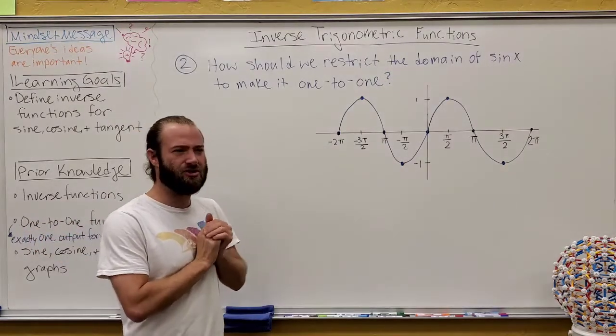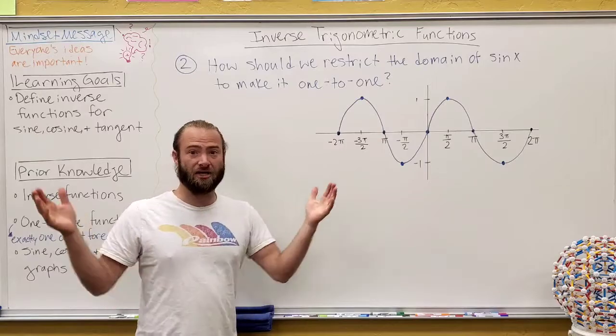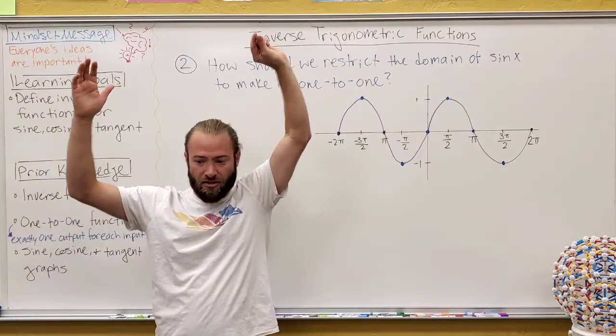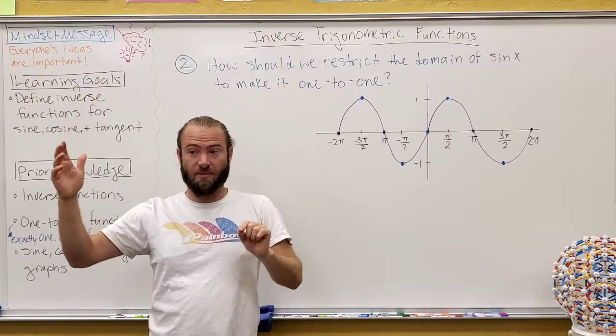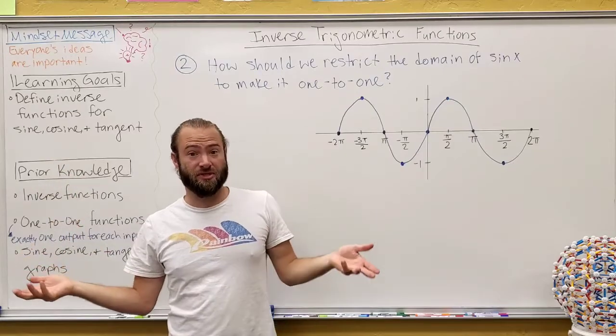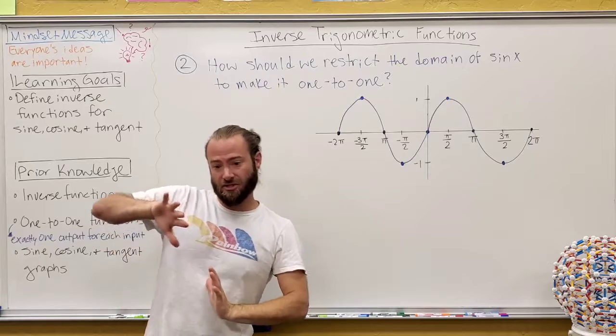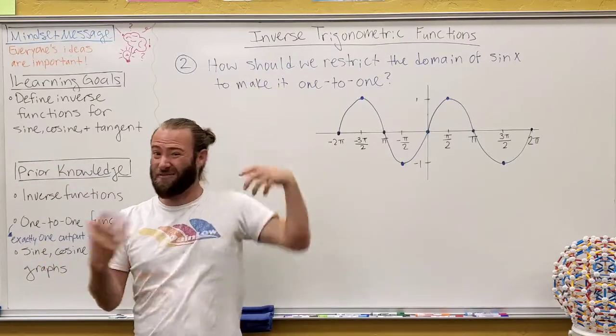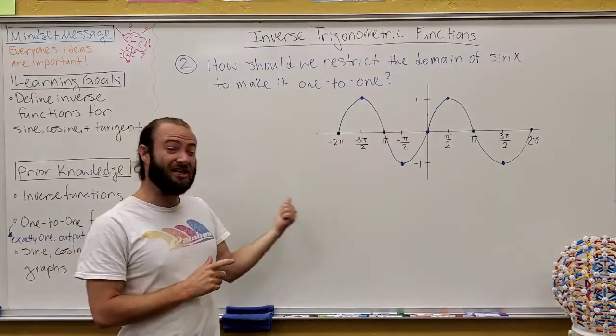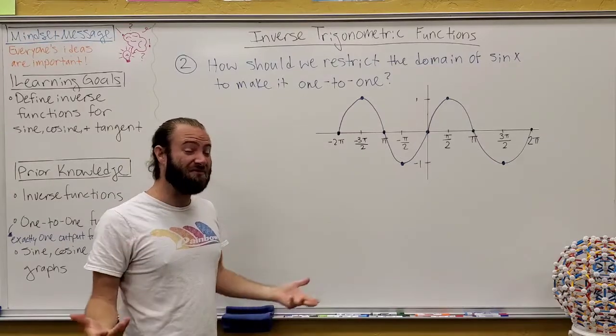Now sine is special compared to the parabola, because the parabola just has one place, we called it a turning point that we've learned recently. It only has one turning point and then it comes back up on itself. So we basically just left half of it out and the other half was good. But this one continuously has turning points infinitely forever.